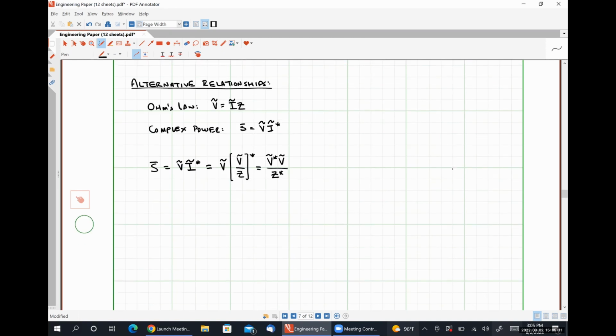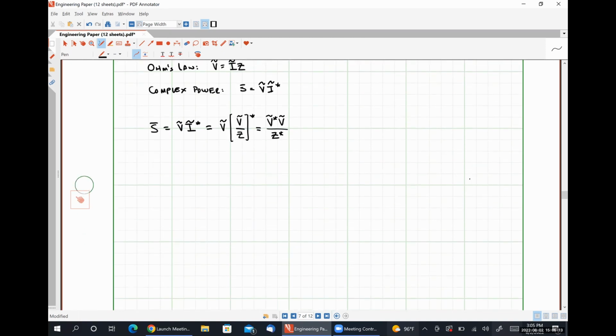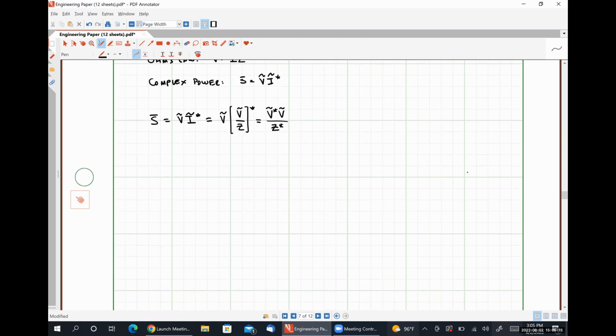I'm going to scroll down here real quick, and I'm going to refresh your memory on what happens when I multiply a complex number by its complex conjugate.